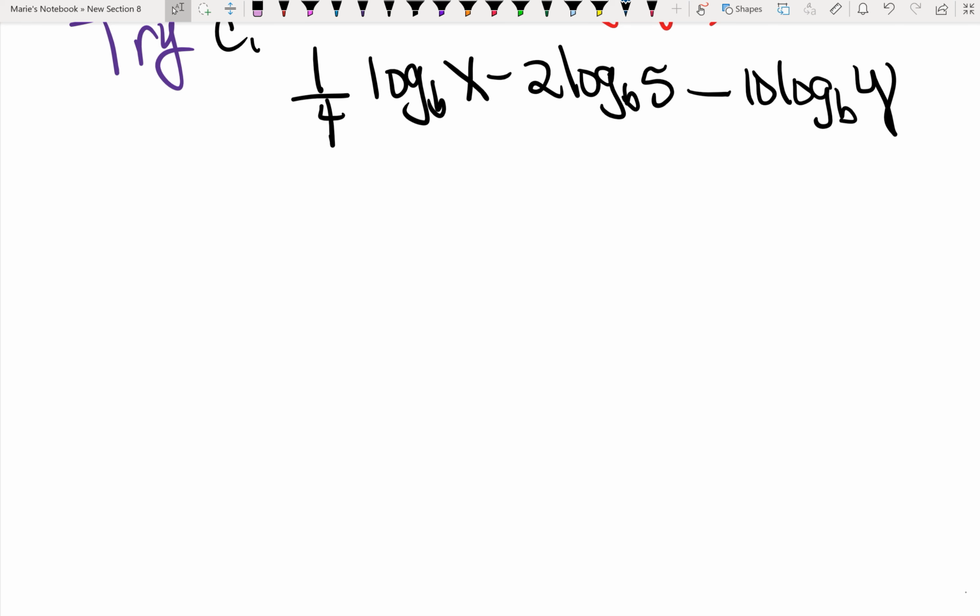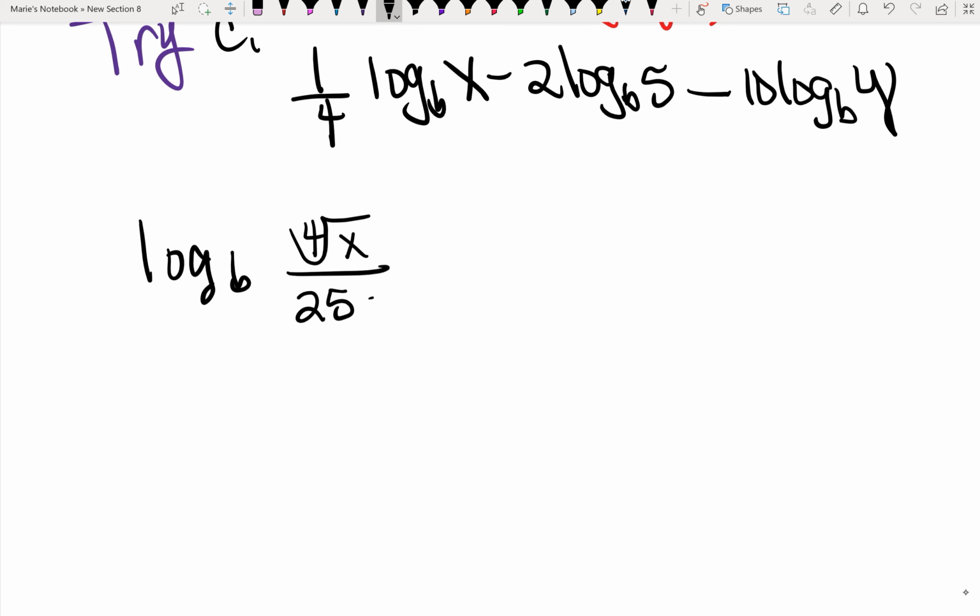Okay, and in this case, your final answer for here should be log base b of the 4th root of x divided by 25 y to the 10th.